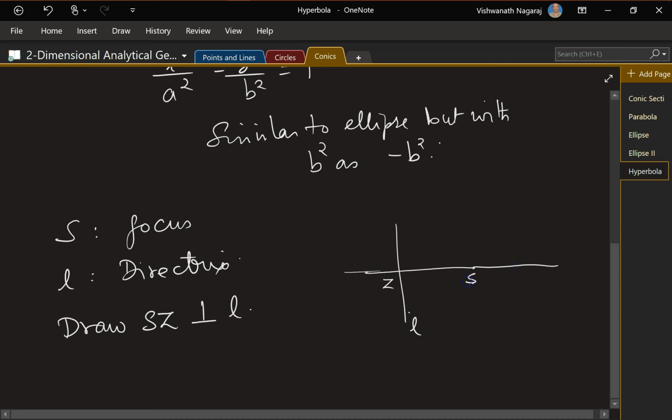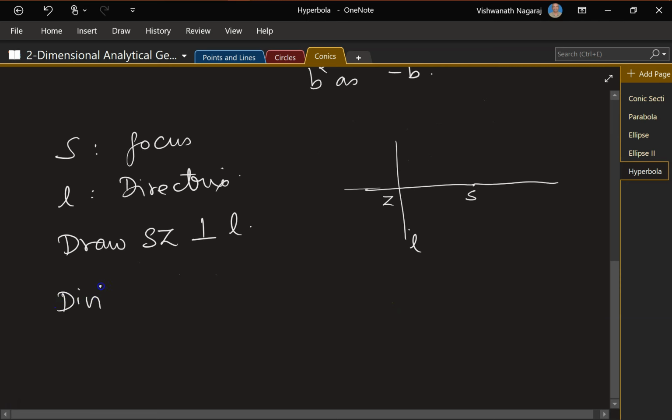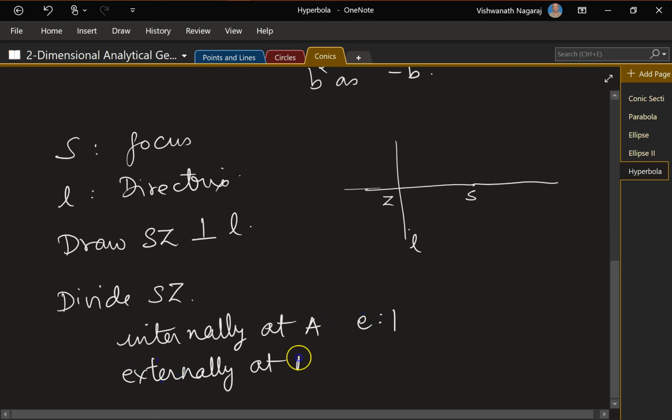So this is S, this is Z, perpendicular to L. Divide SZ internally at A in the ratio of E is to 1 and externally at A prime in the ratio of E is to 1. So this will be A and this would be A prime.